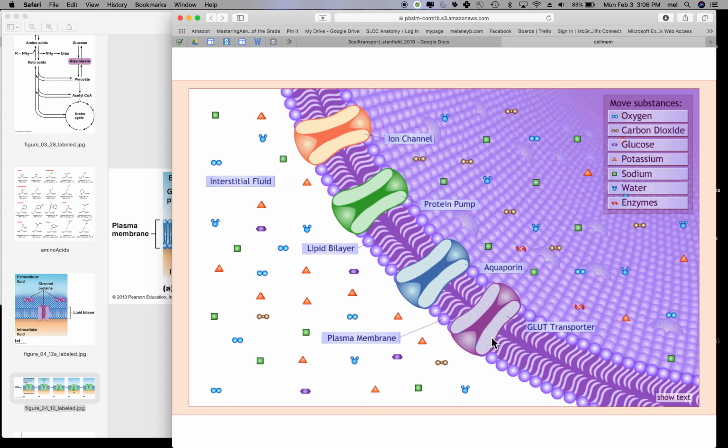Third fastest, diffusion through a carrier because it has to bind, change conformation, bind, change conformation. Slower, and now starting to cost us ATP, is this protein pump, and the very slowest would be endocytosis and exocytosis. So that is what you are going to use as your predictive thing.